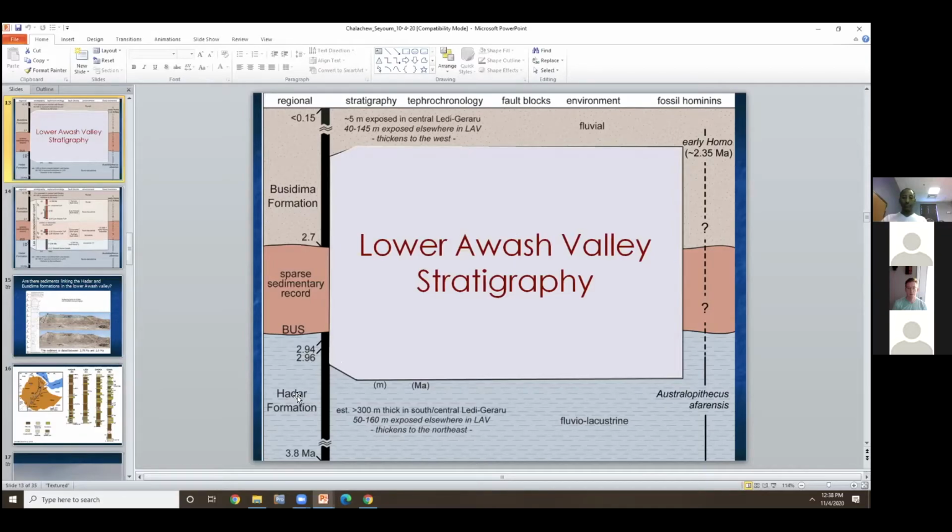So we have a good record of fossils younger than this and older than this, but something is missing here. That's what makes the Ledi-Geraru site interesting, because this sediment is exposed in this area.